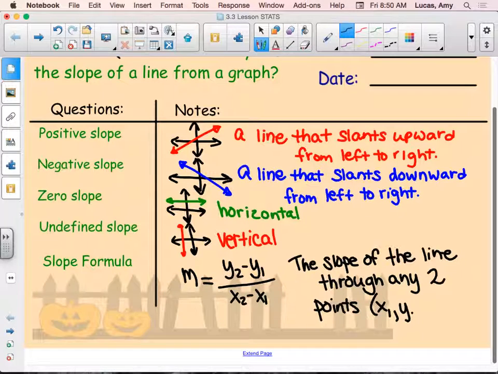X1, Y1 would be the first ordered pair, and X2, Y2 would be the second ordered pair, like that. And you just plug in the coordinates and then simplify the fraction.